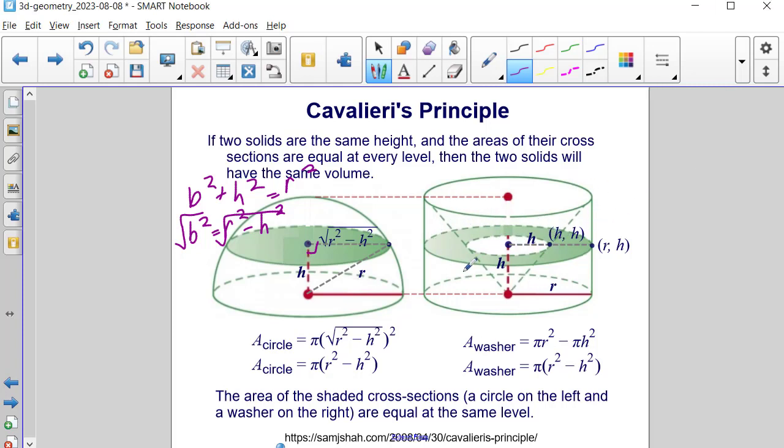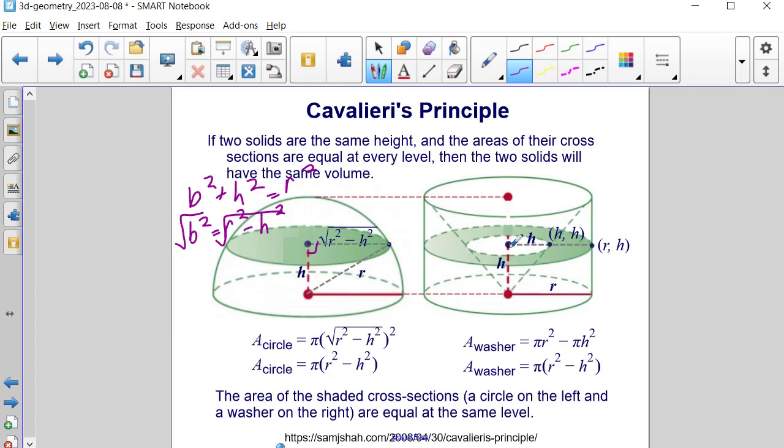Therefore, the area of the washer being created between the cone and the cylinder will be equal to pi times the outer radius, which is equivalent to r, our original radius of the cylinder, squared, minus pi times our height squared.